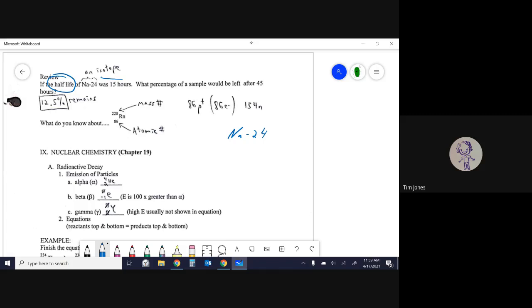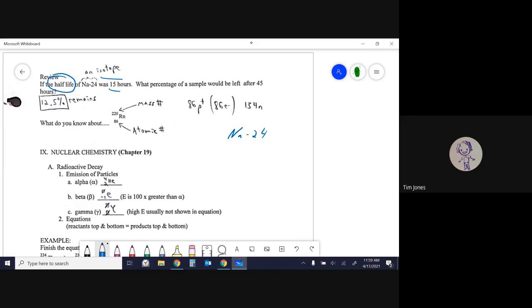This means this sodium has a mass of 24, which means its protons plus its neutrons add up to 24. And in this case, it says the half-life is 15 hours. Of course, this is a contrived number. This is making it nice and easy for us.